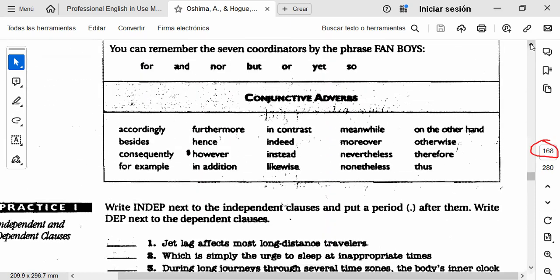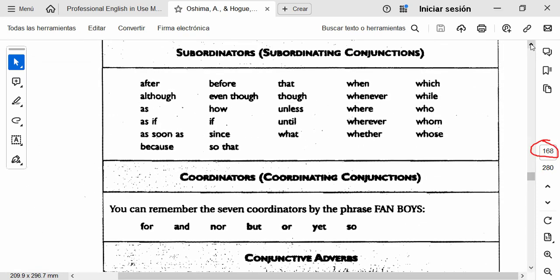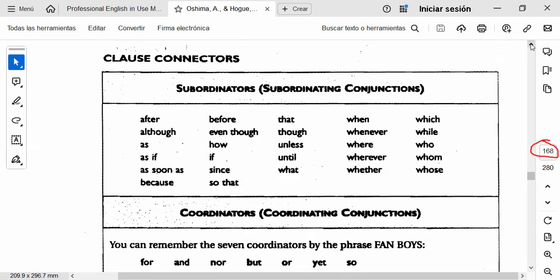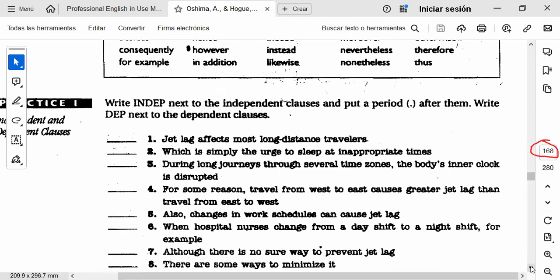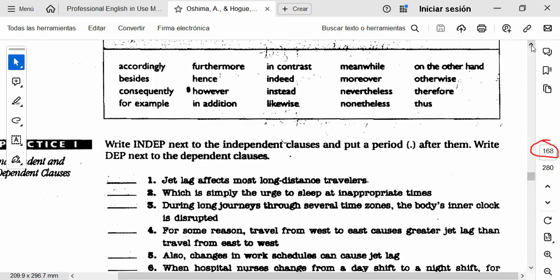Upon. It's not in this, no? After. Between.